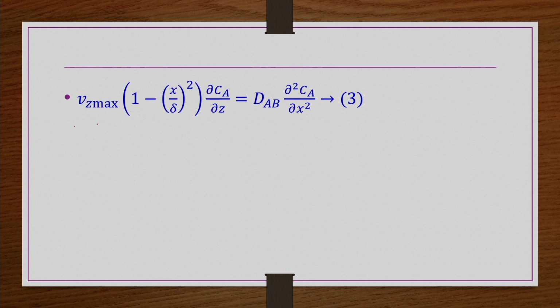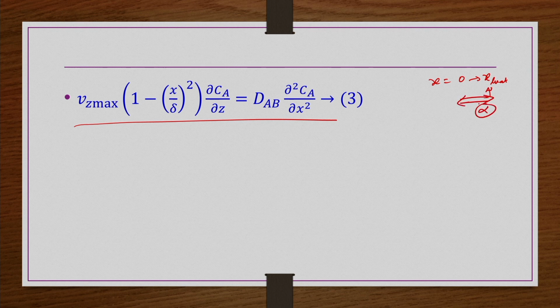Now x by delta is almost 0. Here x is the distance from the gas molecules' point of view, from x equals 0 to a certain x value, which is the penetration depth. Let us call this difference alpha, the penetration depth.